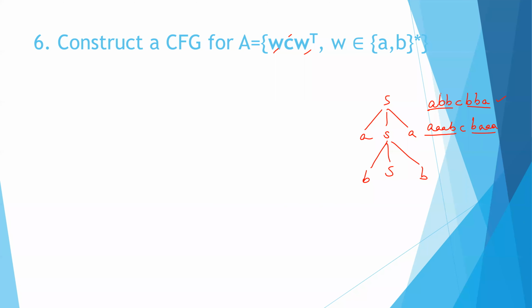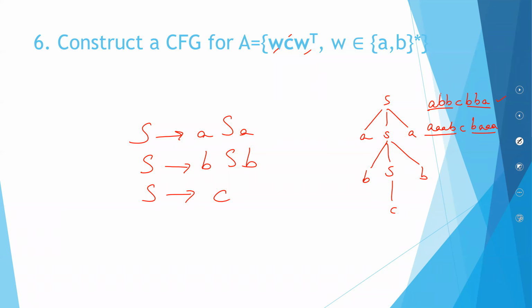In between, you should have a C. Okay, so I just write the grammar. If it starts with an A, it should end with an A. If it starts with a B, it should end with a B. Or it can be a C. Because C alone is also possible. Because I have star over here, any occurrences. So nothing, that is also possible.